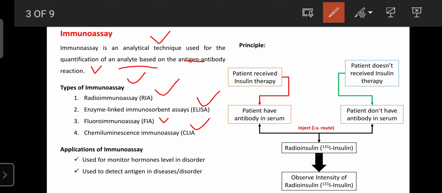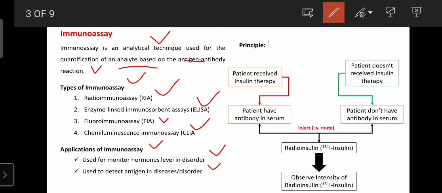Regarding the applications of immunoassay, it is used to monitor hormone levels in various disorders, or normally to monitor the concentrations of hormones in the serum or in the body. Then it is also used to detect the antigens in diseases or disorders.